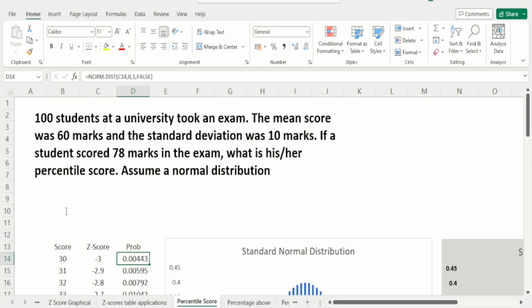Now this here is the probability calculation. If you recall from the previous video when we were trying to understand the Norm.Dist function within Excel, it takes a certain data point value, the mean, and the standard deviation, and if you use the last parameter as false, it gives us the probability distribution number.